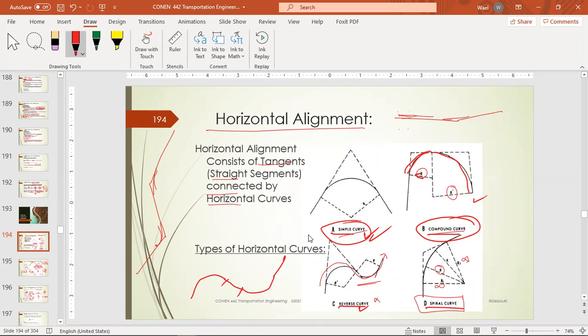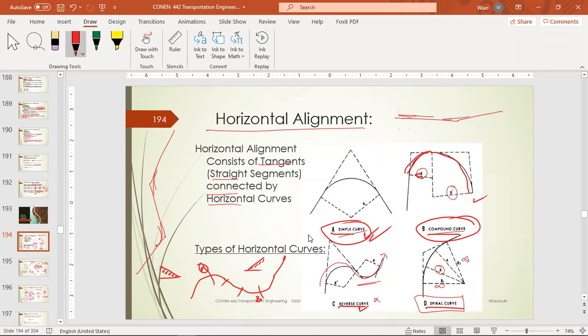Why? As we discussed in the horizontal curve, we have super elevation. So as you can see here, if we take a cross section here and a cross section here, the super elevation will be like this at section A. That will be the profile. At section B, the super elevation will be like this.